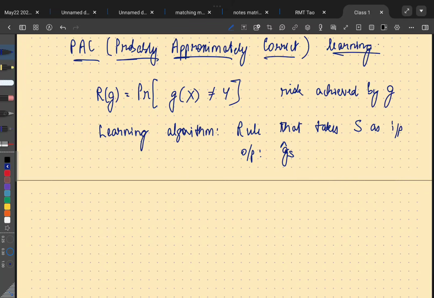In fact, some of you even hinted at it earlier. Given n IID samples, someone gives you a labeled data set, how would you choose G? What is the most natural way of choosing a G? By overfitting.